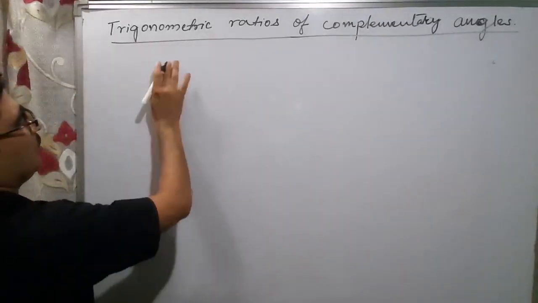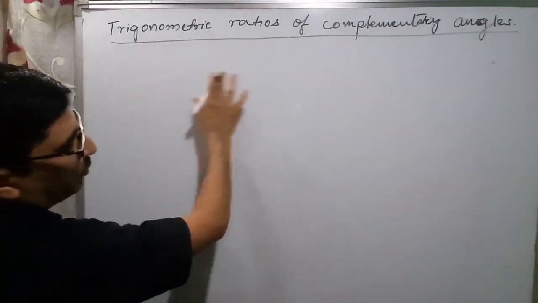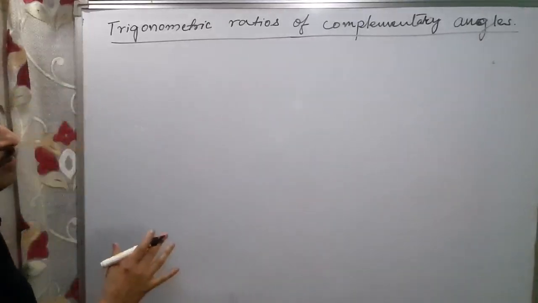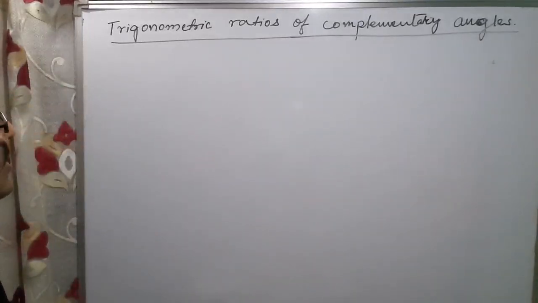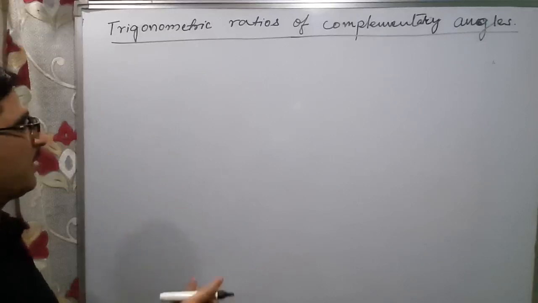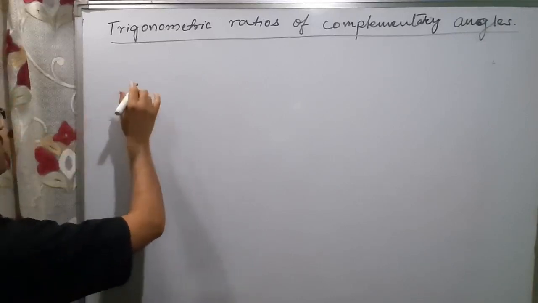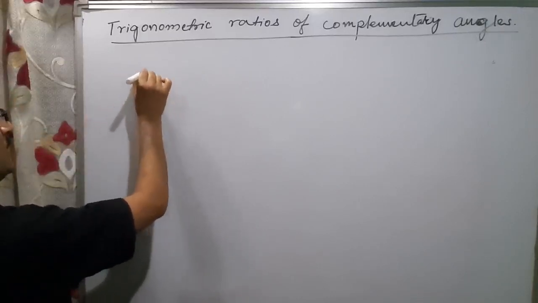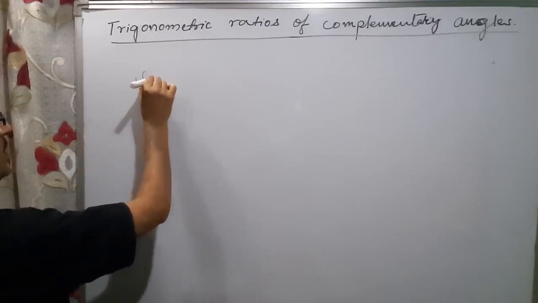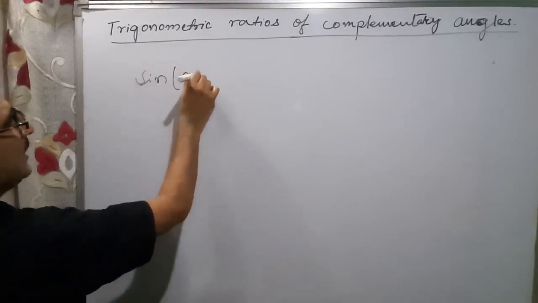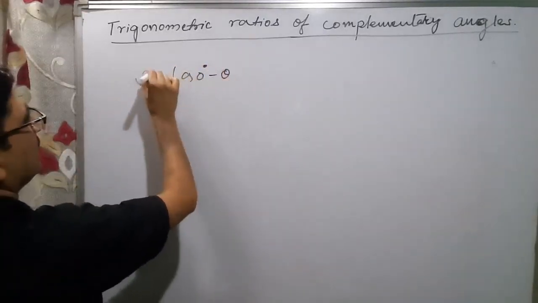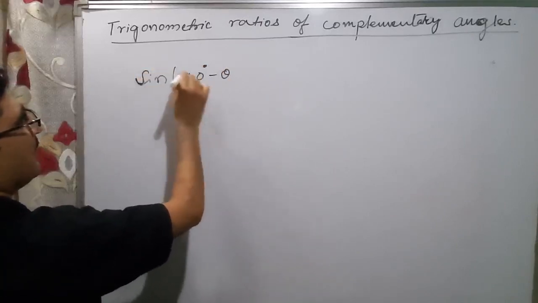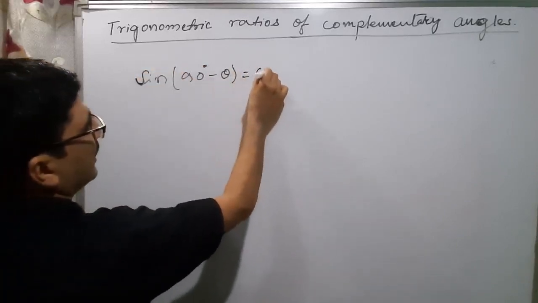Here we are getting a total of 6 relations. They are known as complementary relations, that means trigonometric ratios of complementary angles, in short complementary relations. The first one is sine and cos. Sine of 90 degree minus theta is equal to cos theta.